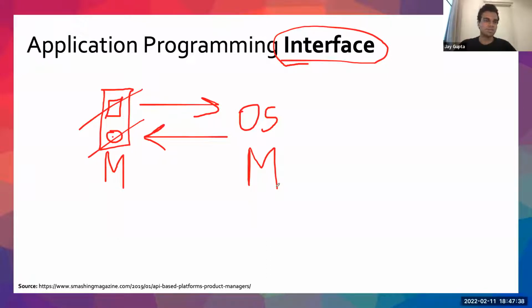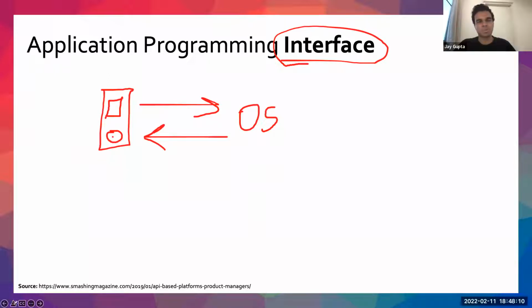In APIs, there are basically two parties. Firstly, we have the consumers and then we have the providers. The consumers are those who request information and the providers are those who actually give the information back. Let's consider the example again.